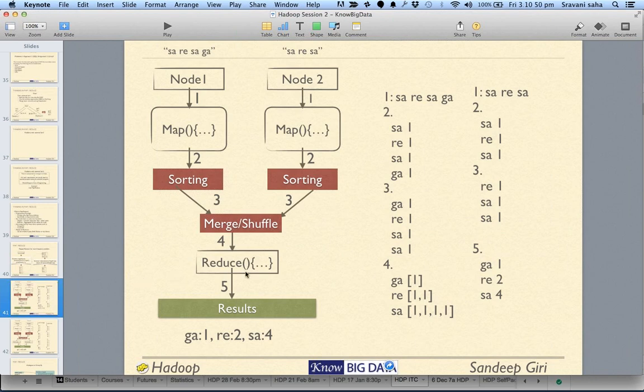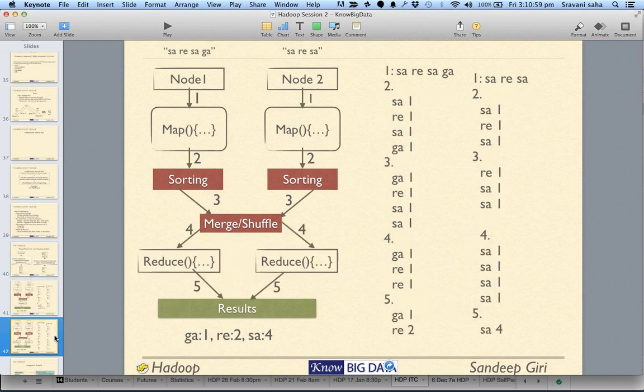Now here there was a single reducer. Now what happens in case the reducer is multiple? So the important part here is the third step.